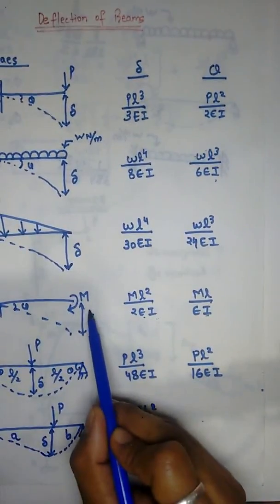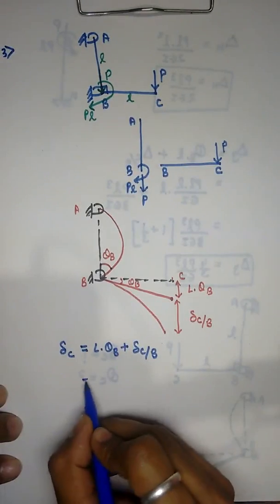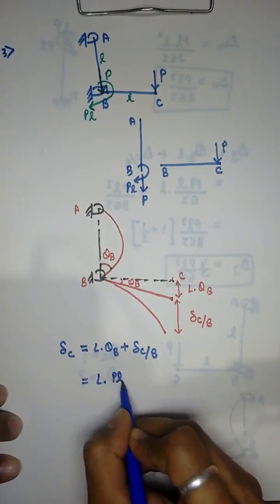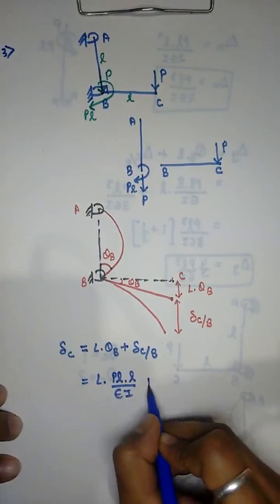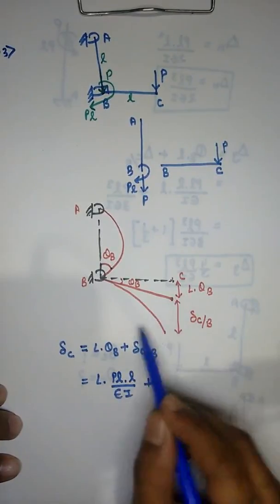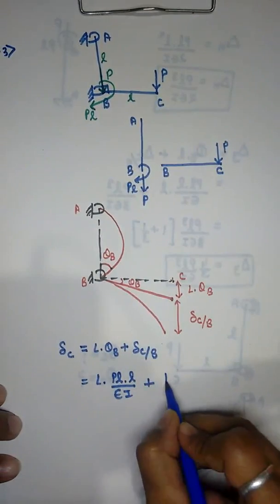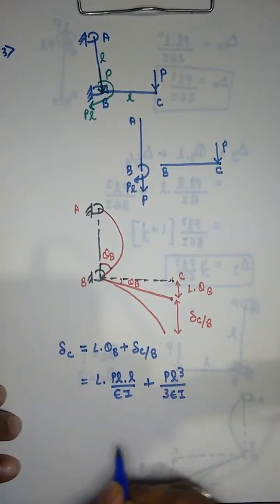So due to moment M, the theta is ML upon EI. So it is L into theta B, which is ML upon EI, plus delta of C with respect to B. Delta C with respect to B is due to point load P, which is PL cube upon 3EI.